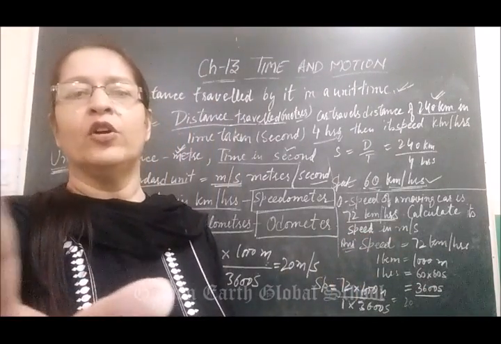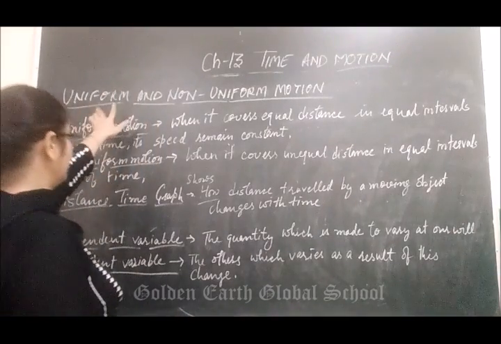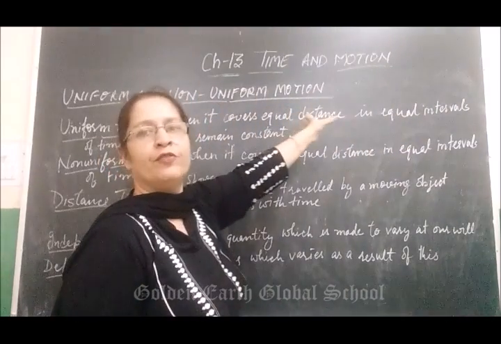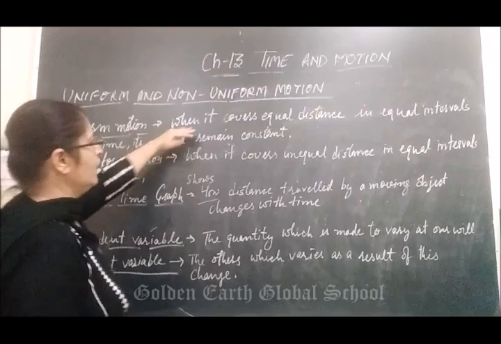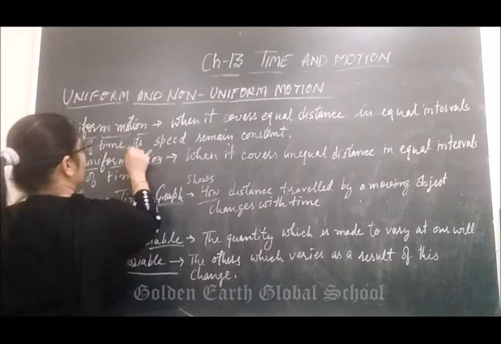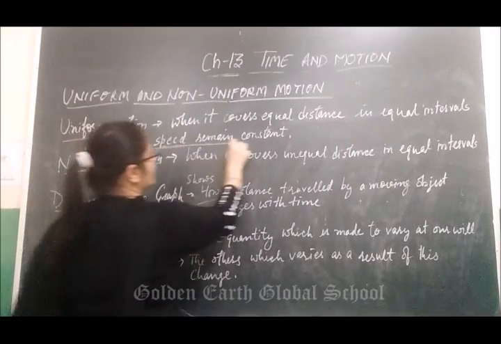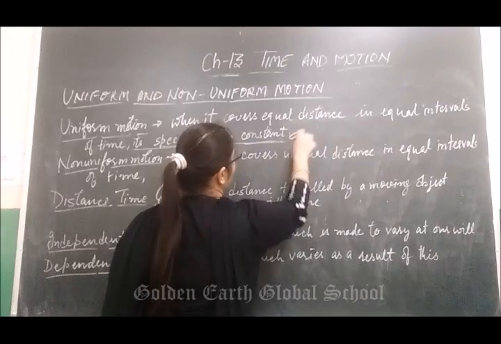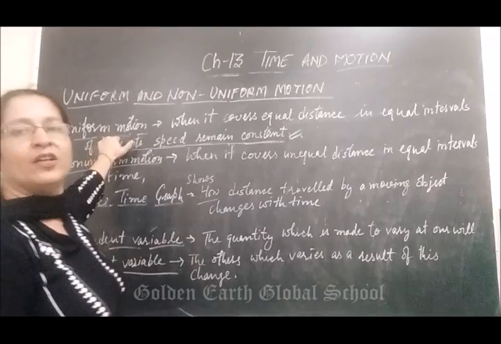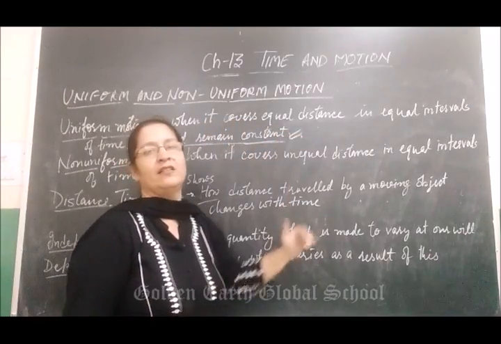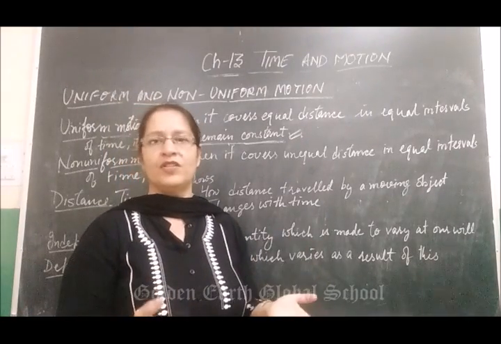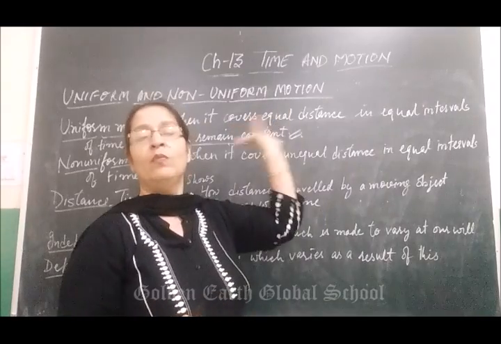What do you mean by uniform and non-uniform motion? When an object covers equal distance in equal intervals of time, its speed remains constant. That we call uniform motion.